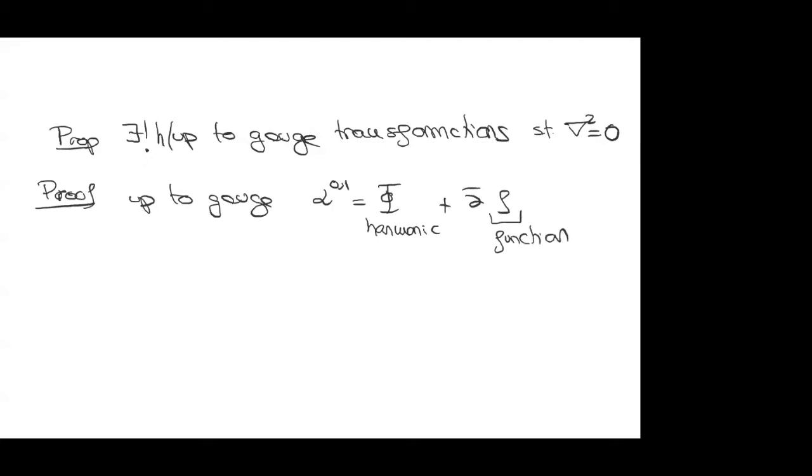And so the metric can be taken to be the exponential of twice the real part of f. So one can check that in this case, the metric one gets is flat, and not only that, but the metric is harmonic for the connection.